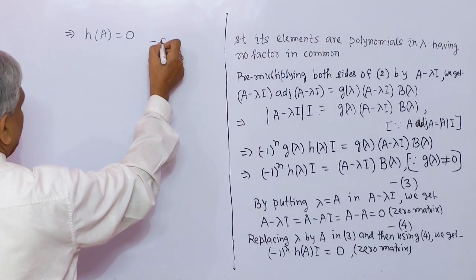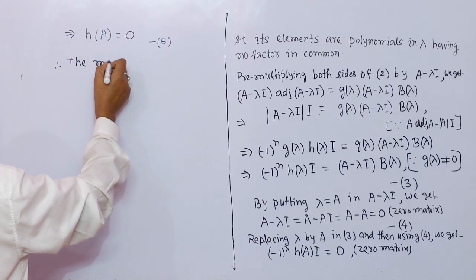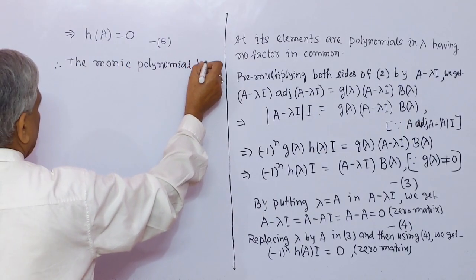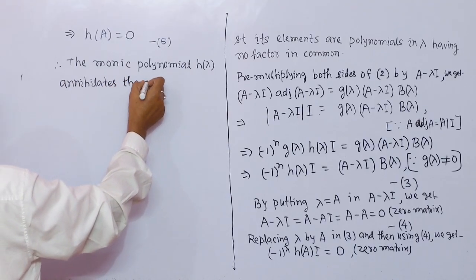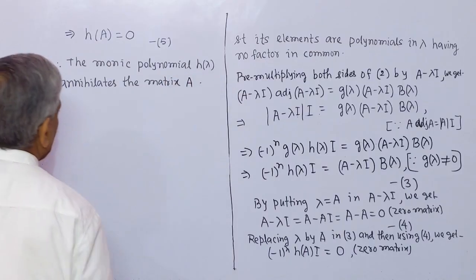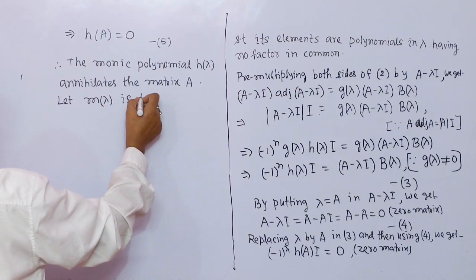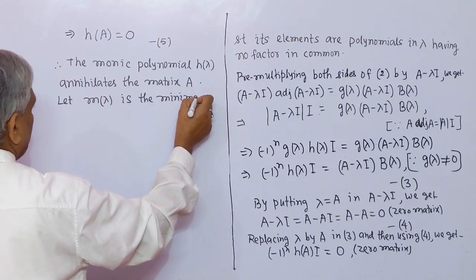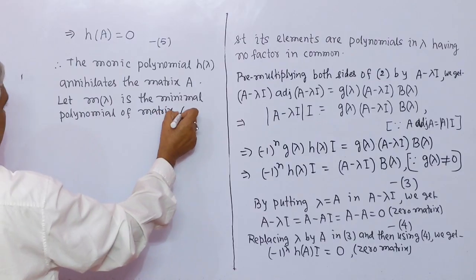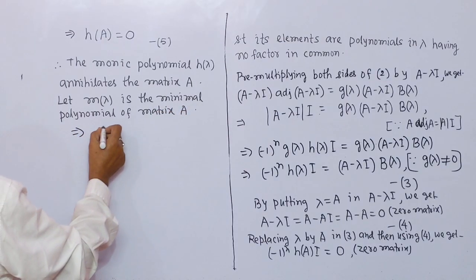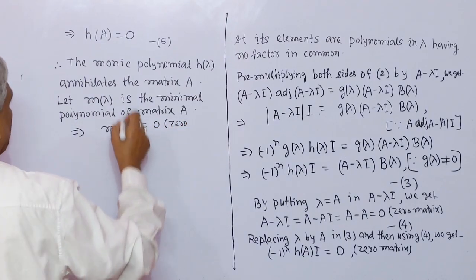This is number 5. Therefore, the monic polynomial H lambda annihilates the matrix A. Let m lambda be the minimal polynomial of matrix A, which implies that m A equals 0, zero matrix. This is also zero matrix.